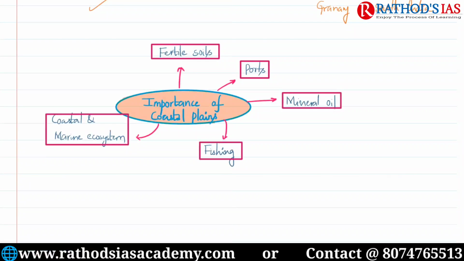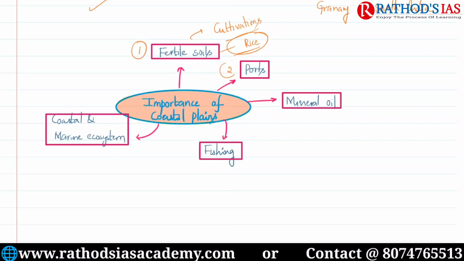These coastal plains are covered by fertile soils, which suit cultivation. They are very important for the food security of our country, and especially in these regions, rice is a major crop that is cultivated.